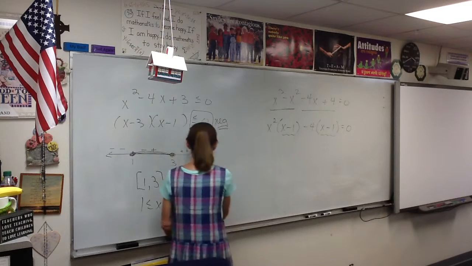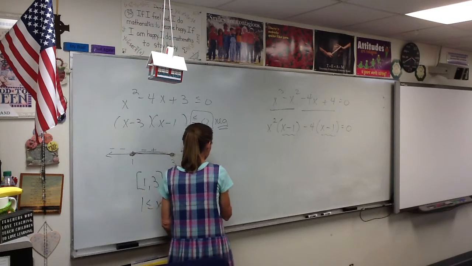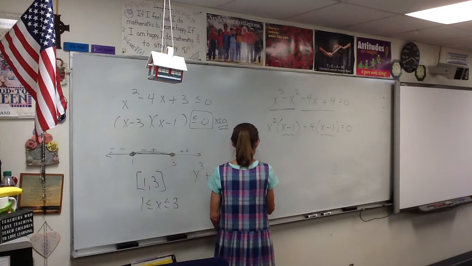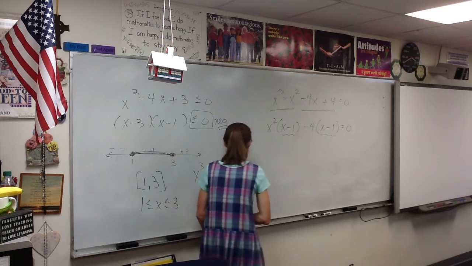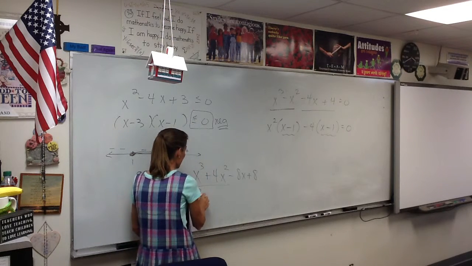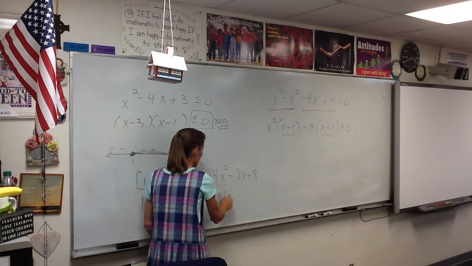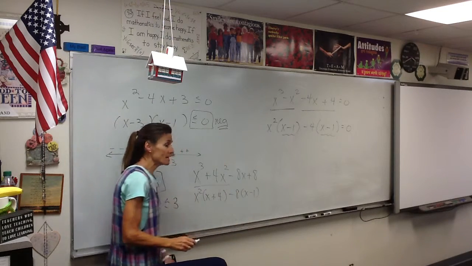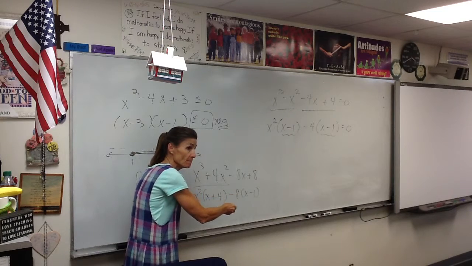So it's possible to have a problem that groups, like here, I could take out an x squared, and I could take out a -8. But that doesn't do me any good. Do you see the difference?